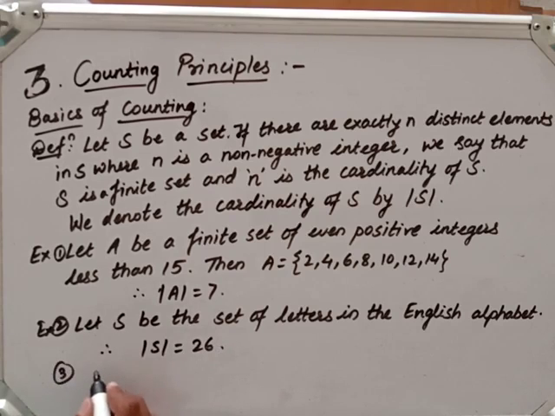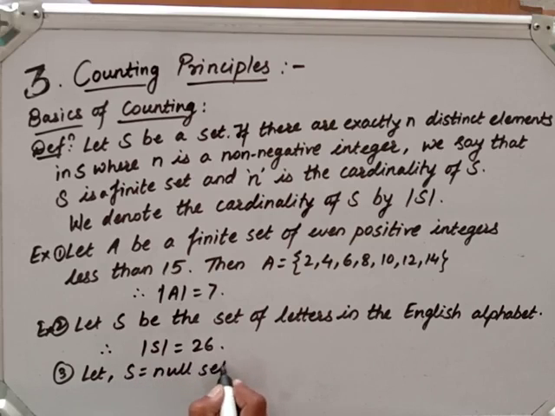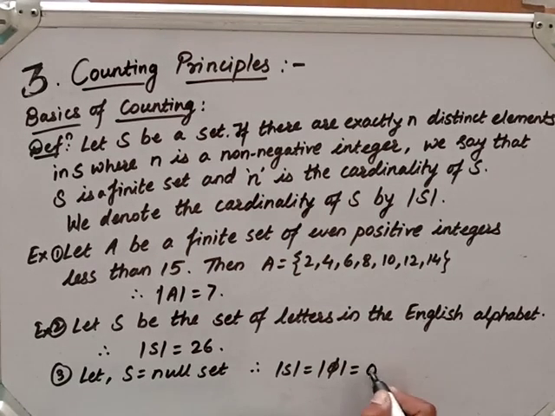Now suppose S is a null set. Therefore the cardinality of S is 0. In that case, the cardinality is 0.